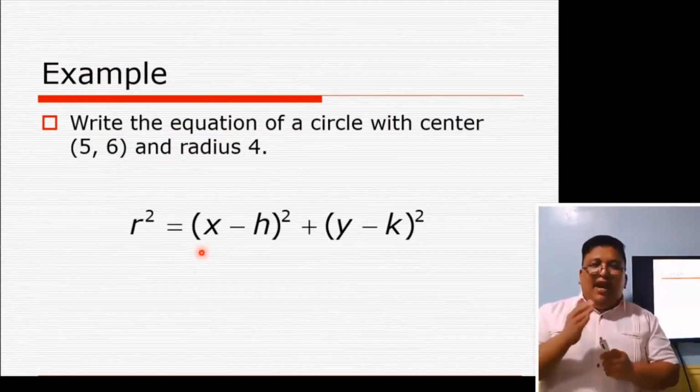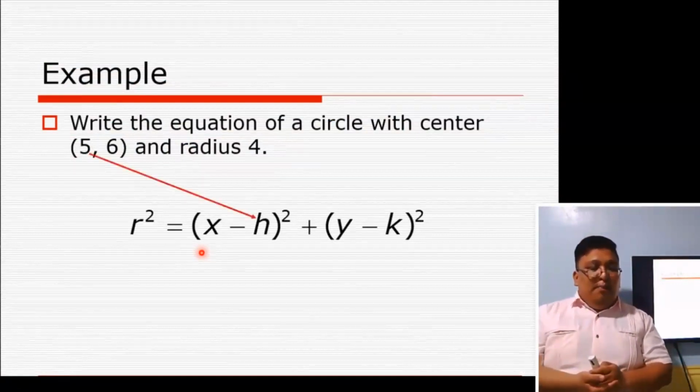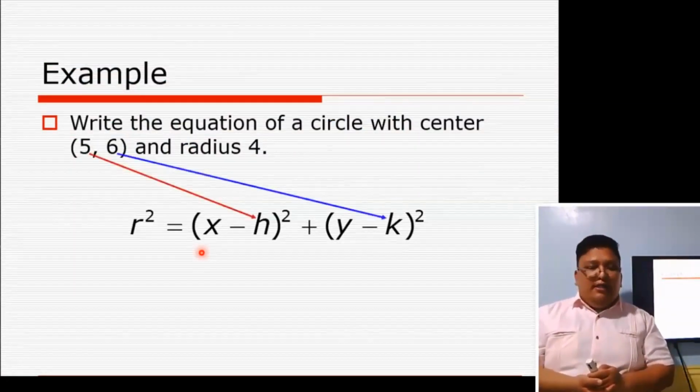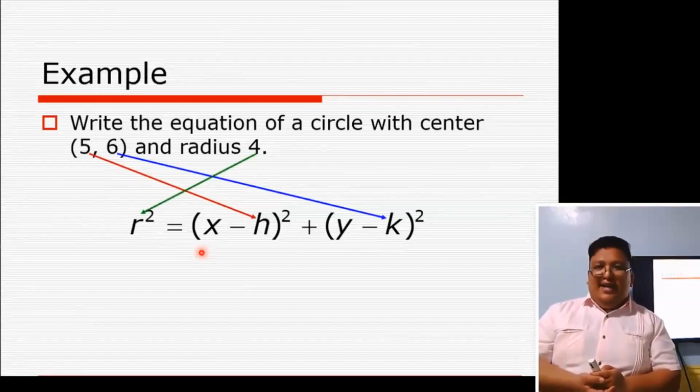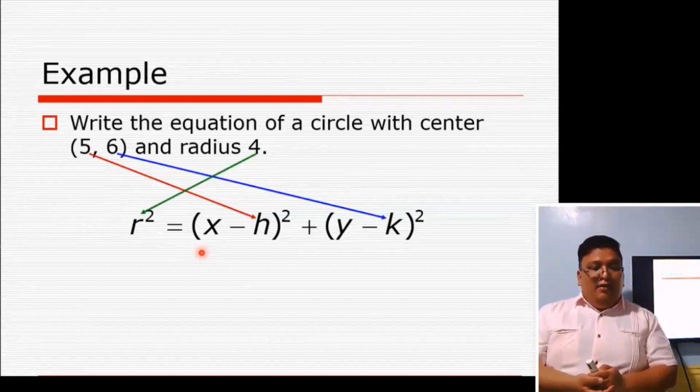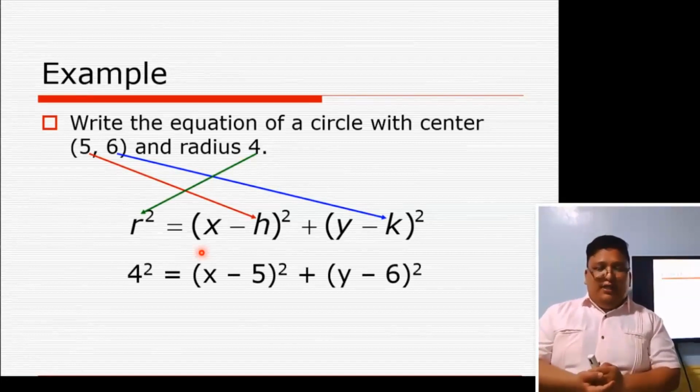Okay, (5, 6) is the center. Therefore, that is our h and k. We're just going to plug it in. Plug 5 for h and plug 6 for k. Okay, and our r, again, we're just going to plug it in. And rewriting this whole equation, we're going to have 4 squared is equal to (x minus 5) squared plus (y minus 6) squared.